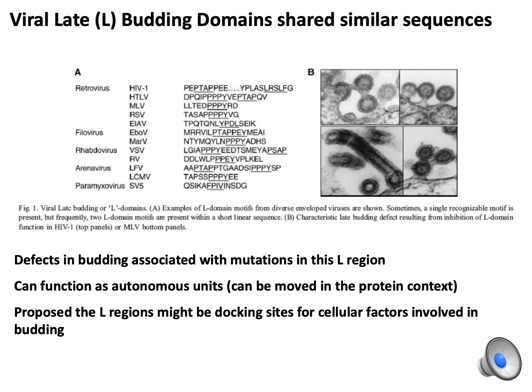They were called late because the defect in assembly was a really late defect, about as late as you can get. And they found that there were sequences that had a lot of prolines. Here you can see PPPY or PTAP, a lot of similar sequences across really very different kinds of viruses.